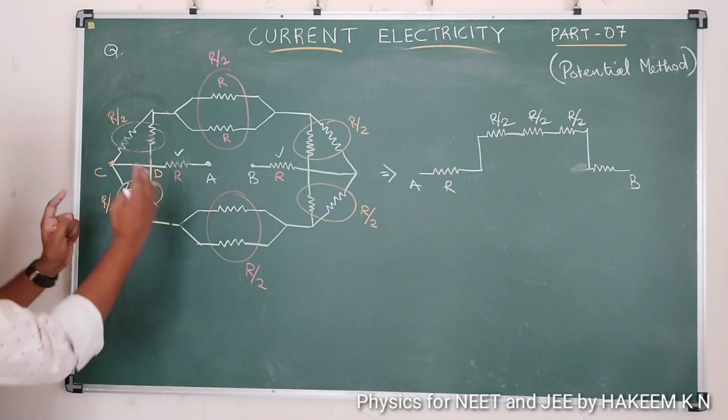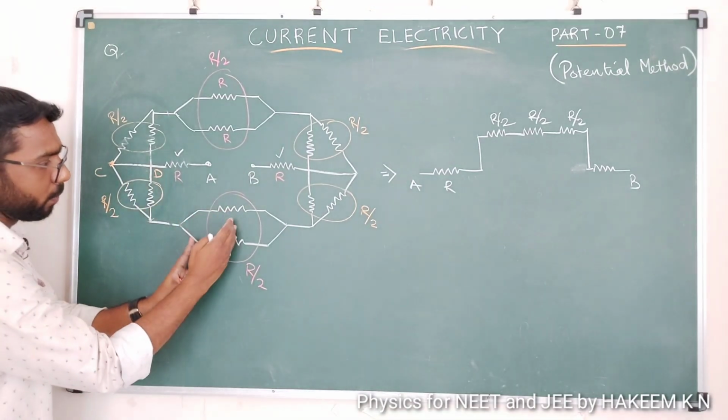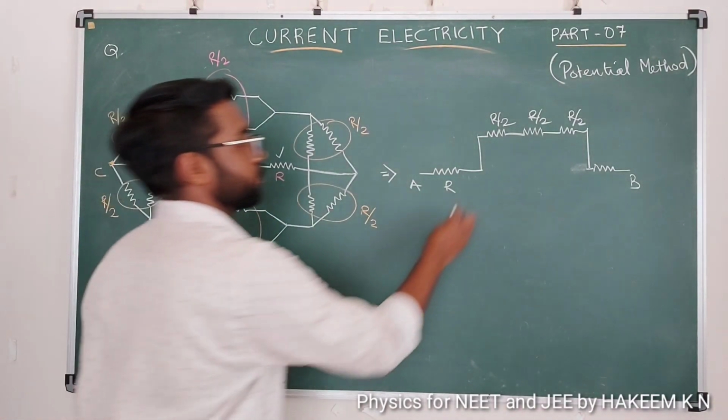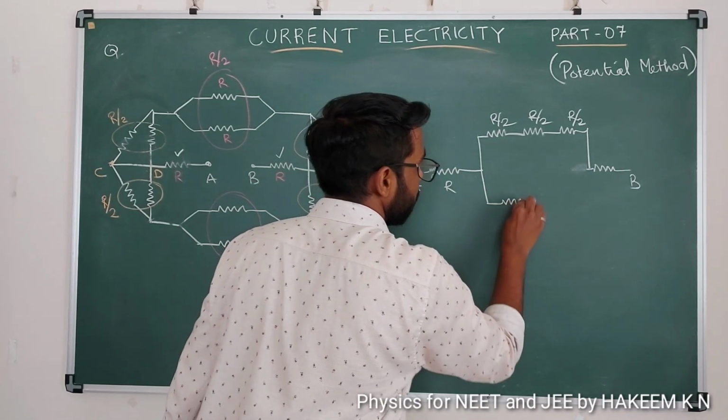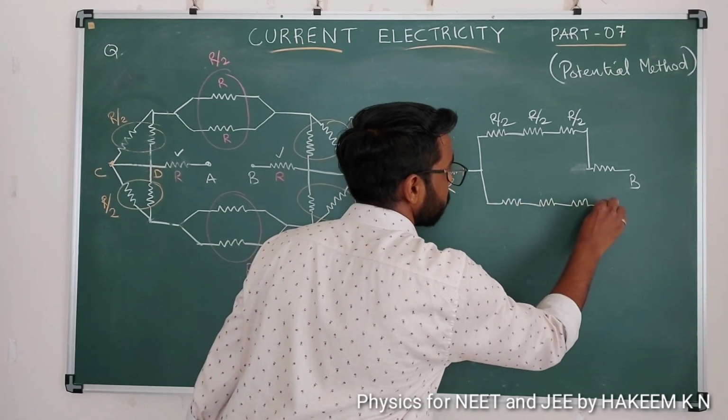There is again R by 2, R by 2, R by 2 at the bottom too.